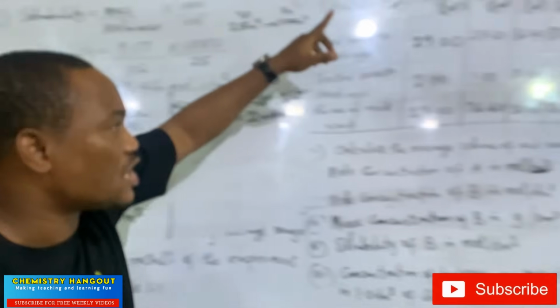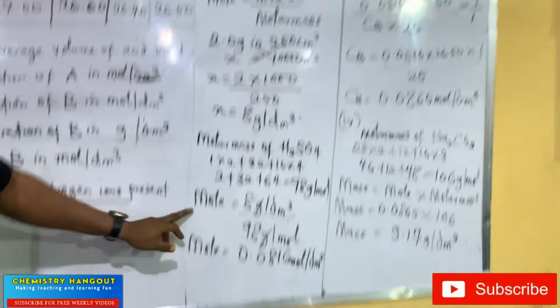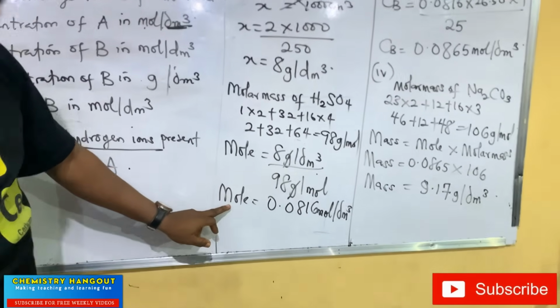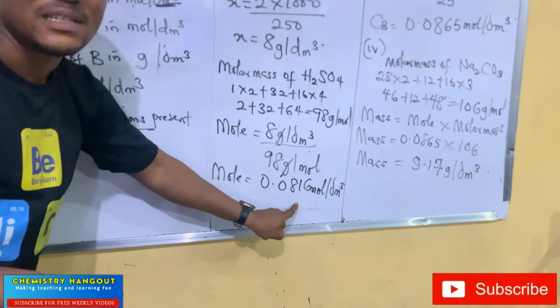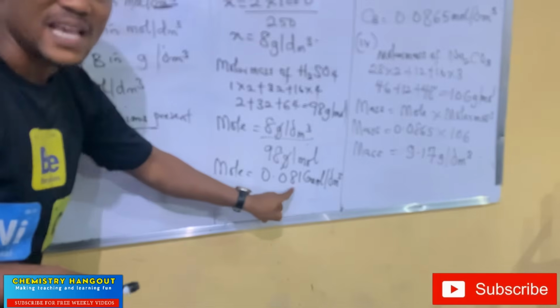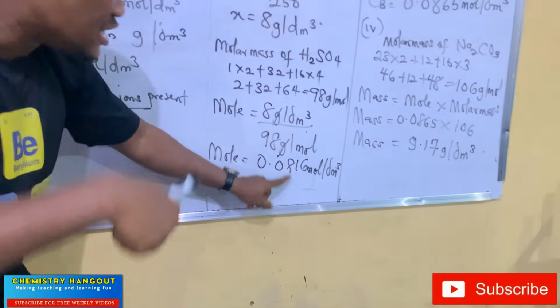But let's now go to concentration of A because we want to know that now. This is the concentration of A. So it's 0.0816. So how many mole is going to be in this? Because this Ca is our concentration of acid. So how many moles of hydrogen ion will be here?